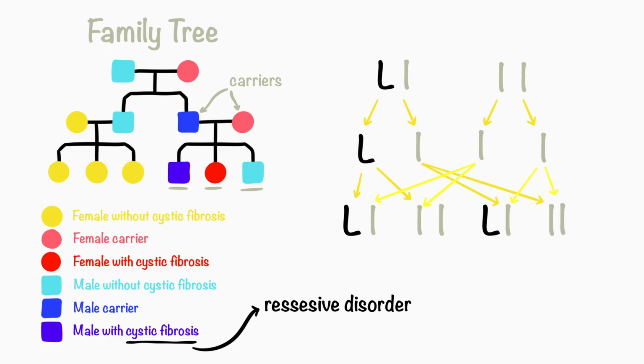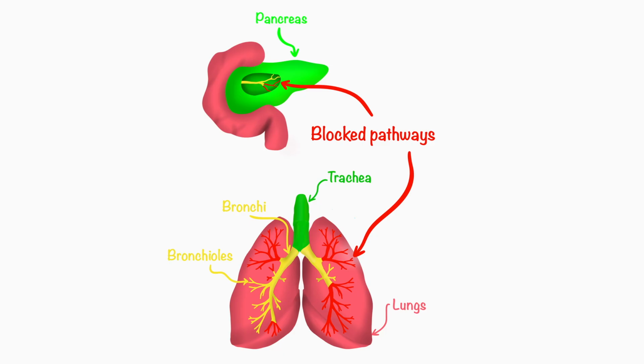In reality, many traits are influenced by multiple genes and environmental factors, making inheritance patterns more complex than the simple examples we've discussed. However, these principles form the foundation for understanding how genes are passed from one generation to the next. In our next episode, we'll explore how these inheritance patterns can lead to genetic disorders when certain mutations are passed down through families.